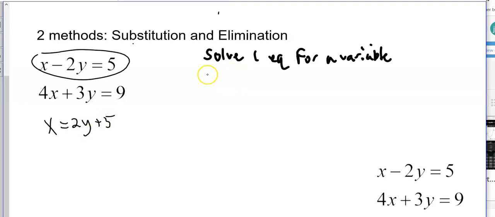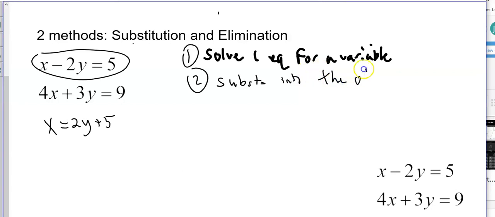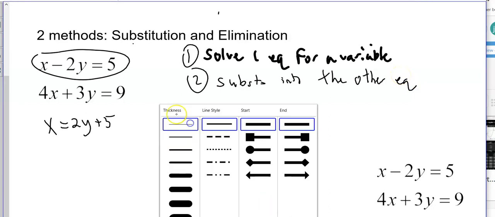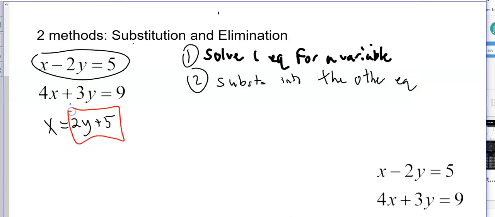Then the second step is to substitute into the other equation. Don't substitute back into the same one. That won't work out too well. So you're going to take this, that's really x, and plug it into the other equation.